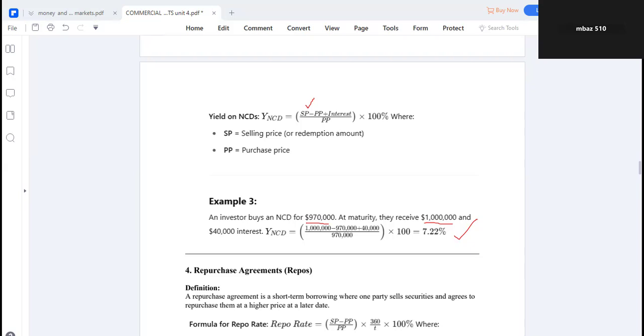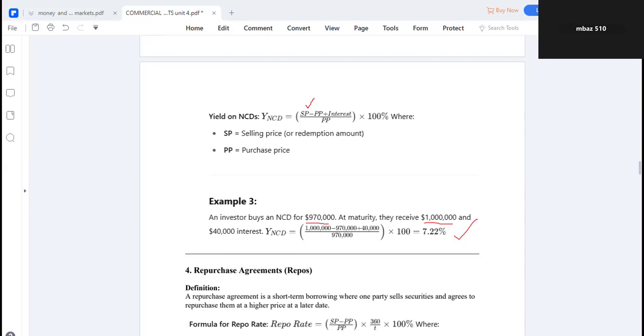So a negotiable certificate of deposit is a short-term instrument in the money market. It is issued by a bank and mainly represents a fixed deposit. The key feature is that it is transferable in the secondary market. The issuer is a bank or financial institution, and the denominations are large, about 100,000 or more.